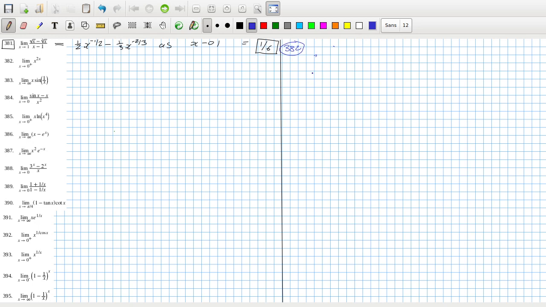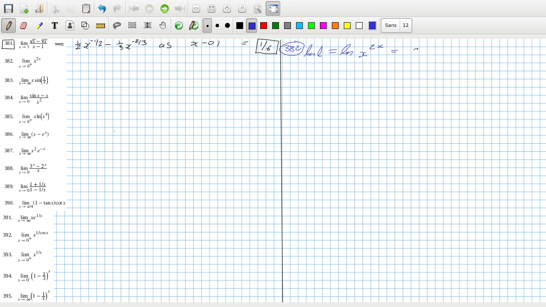It's going to be 1. If I say L equals log x power 2x, or I should say log L, the limit, is equal to that.